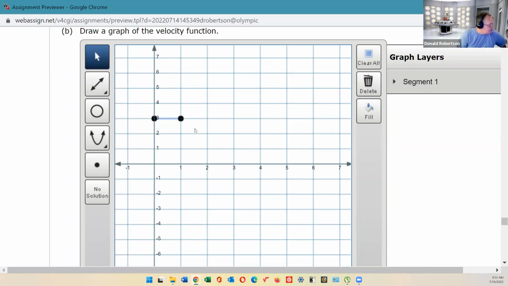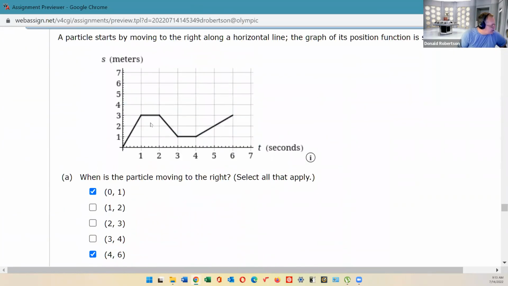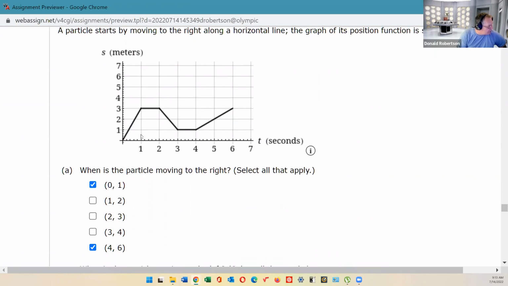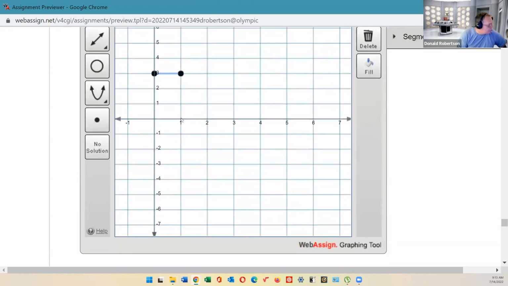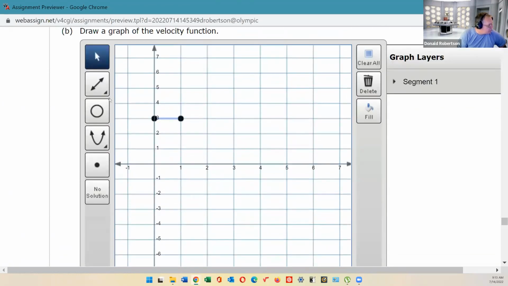Okay. Now, next part of the journey. From the 1 second mark to the 2 second mark, wasn't the person not moving, right? They were stationary. And the velocity of stationary is 0. So I go from the 1 to 2 second mark, it was 0.